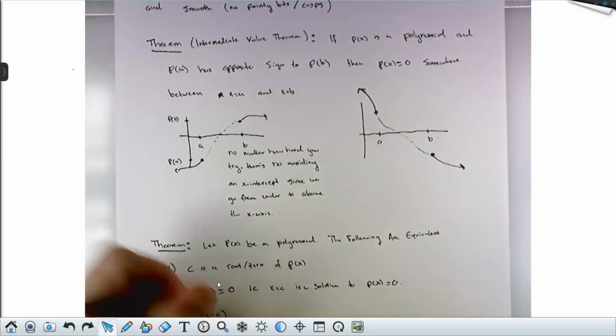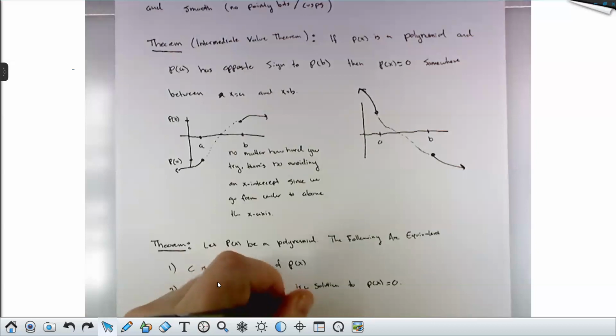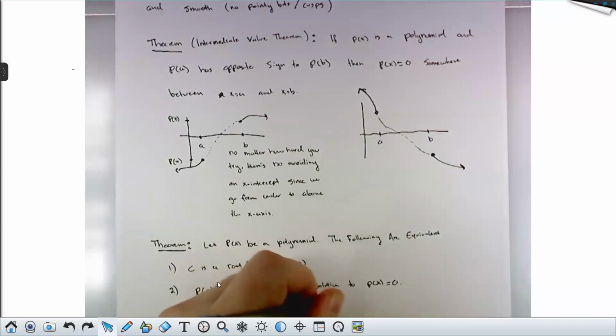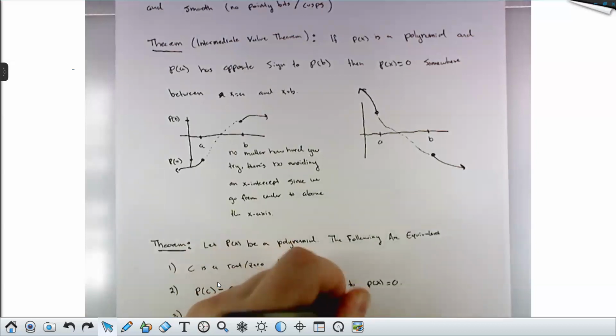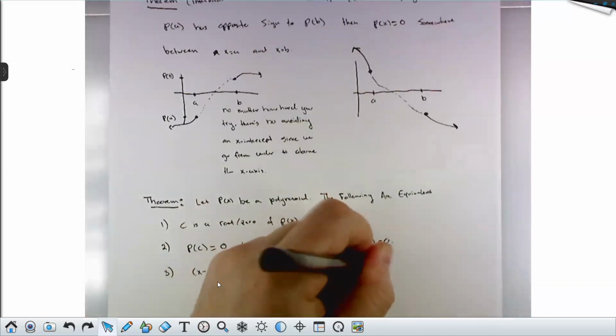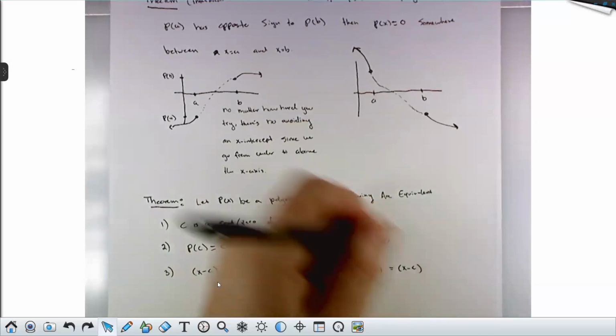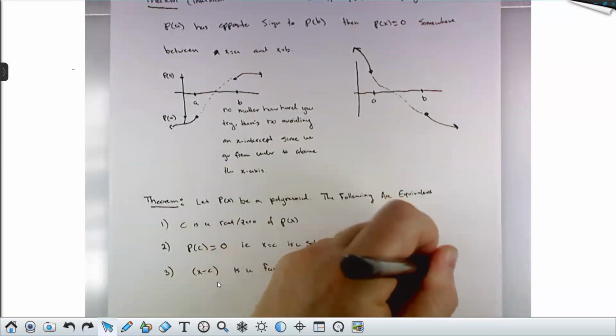X minus C is a factor of P of x. And remember what factor means. This is important. That means P of x can be written as x minus c times some other polynomial.